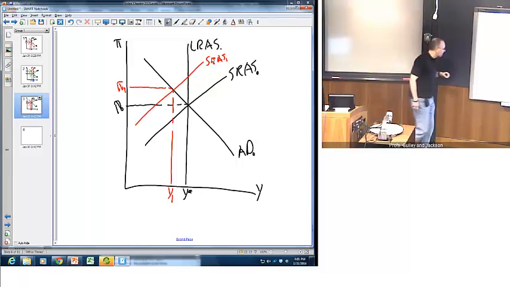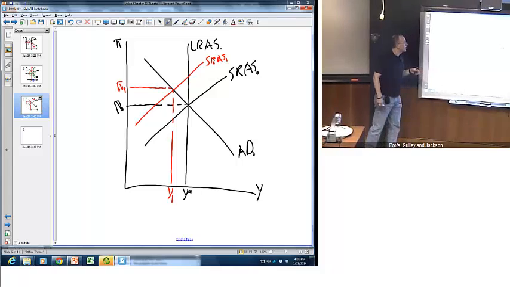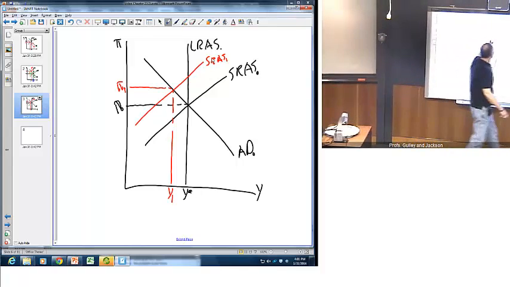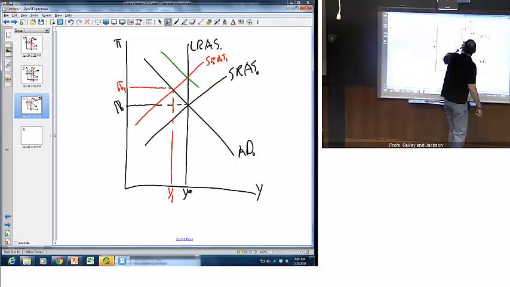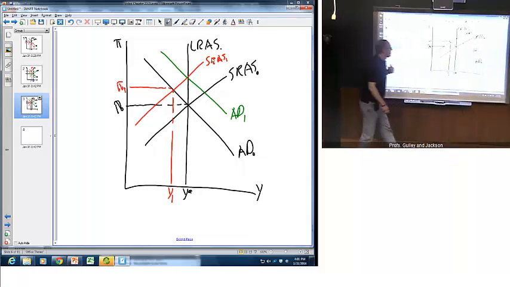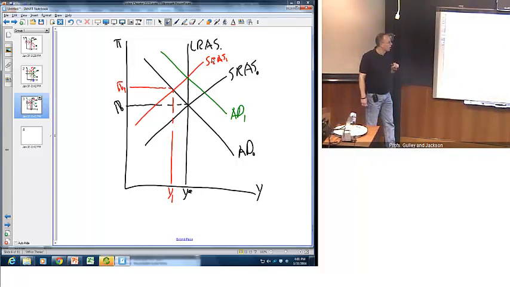What it would tend to do is pursue an expansionary policy. If it wanted to move GDP back toward Y star, it would pursue that expansionary policy, and it might in fact be able to, with an increase in aggregate demand, move output and employment back toward Y star. But notice the problem here.